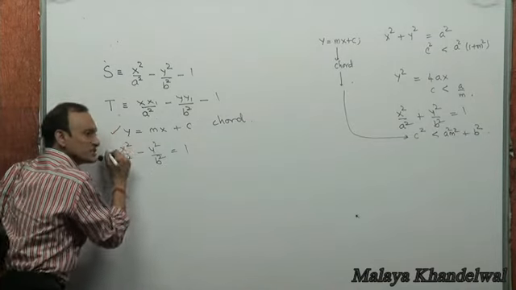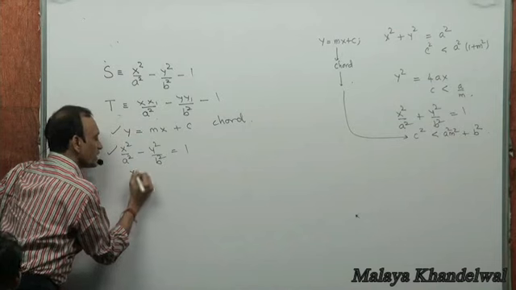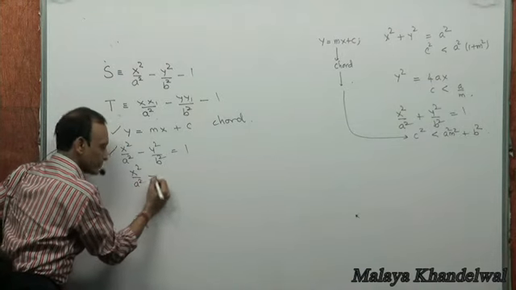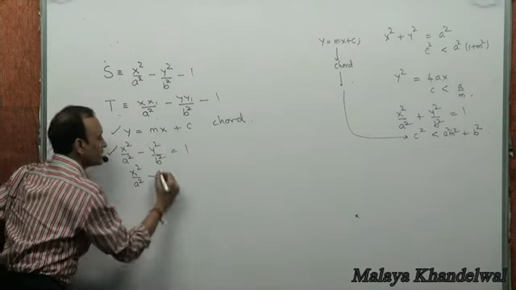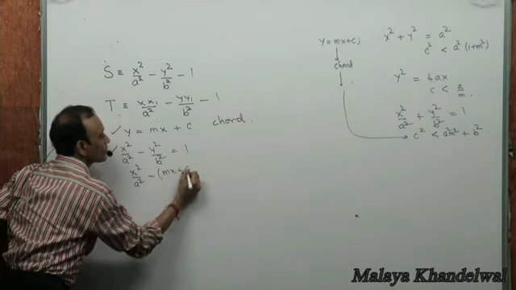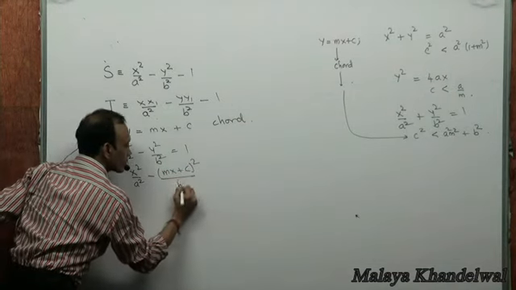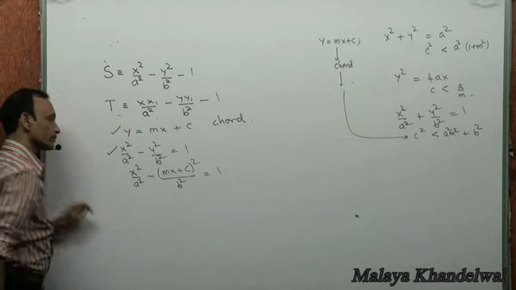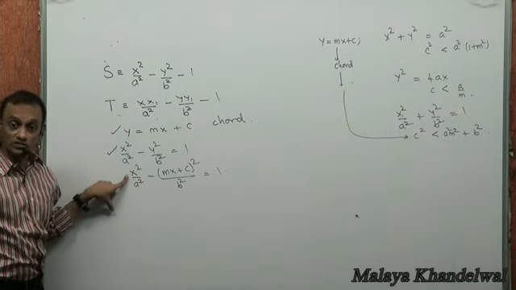So x squared by a squared minus, writing y as mx plus c, is 1. This should give me two distinct real values of x.